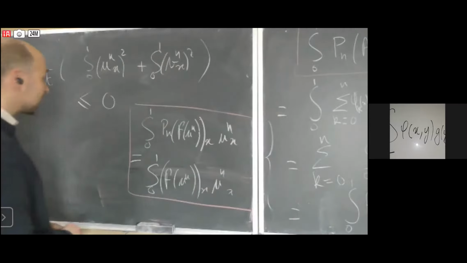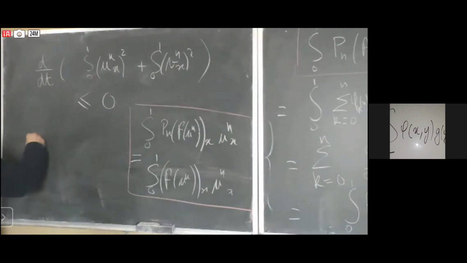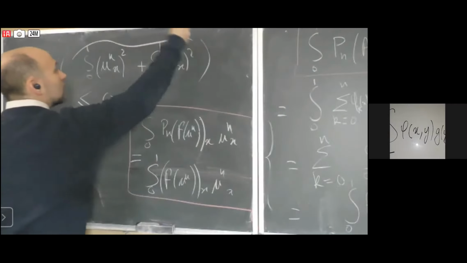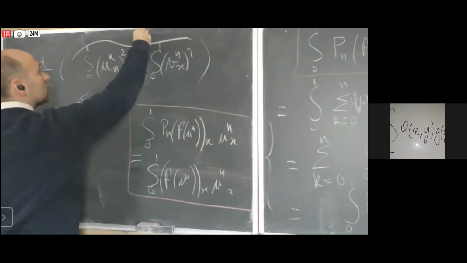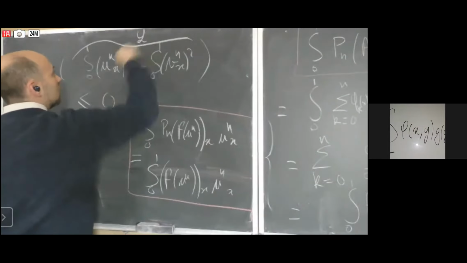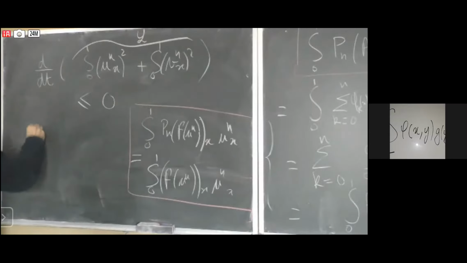All right. So what's interesting then? What do you have? You have that un x, this quantity, let's call it L. Right now, you have that L of t is less than L of 0.